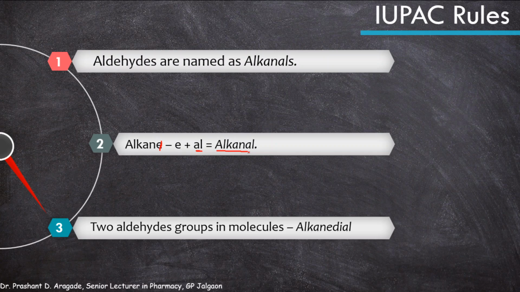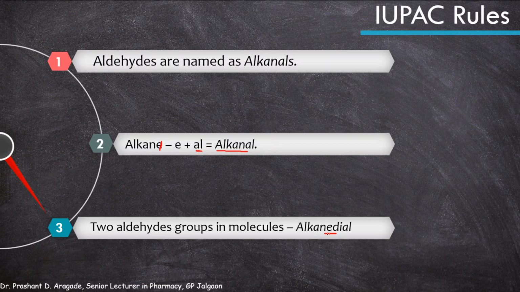When two aldehyde groups are present in a molecule, it is named as alkanedial. Notice that the E of the corresponding alkane is retained.